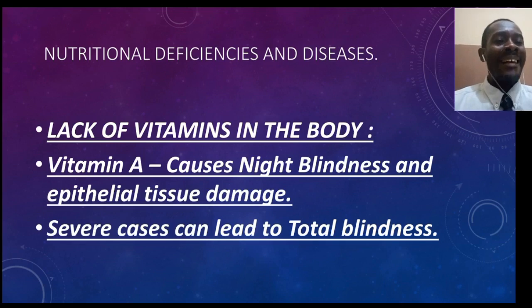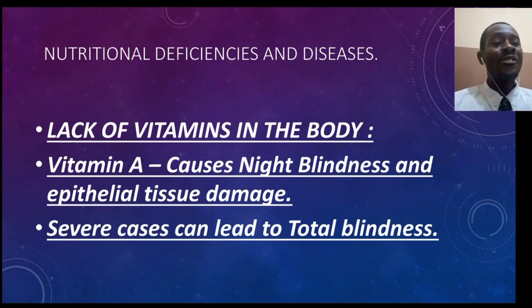But when there is lack of vitamin A, the cornea becomes dry and looks as if it is cracked in some regions of it, and that does not help the eye in vision ability. It will impair the person's ability to see properly.